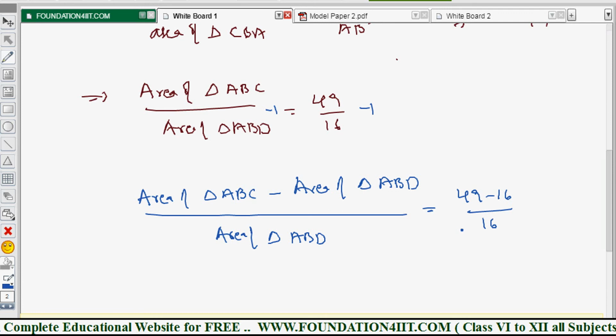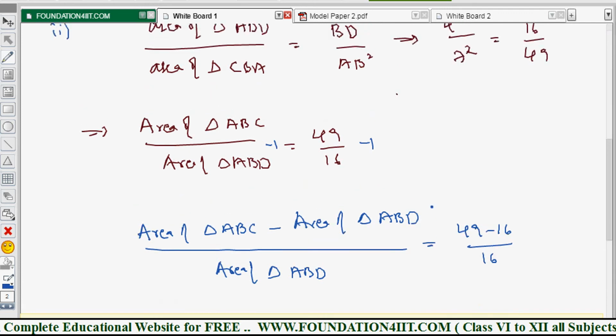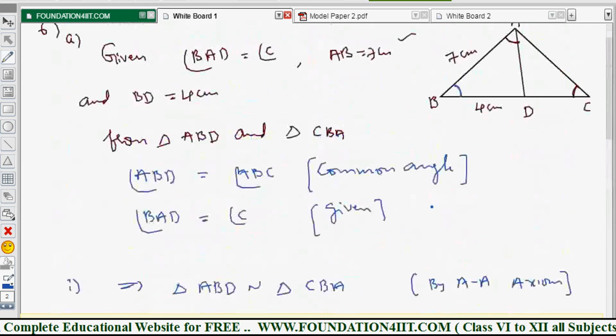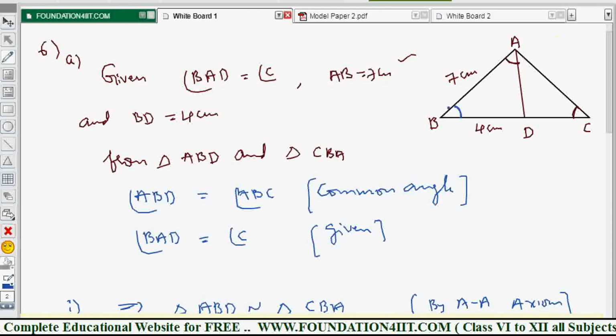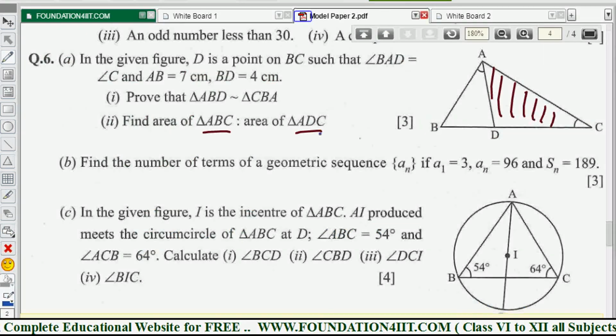If I subtract ABD from the total triangle ABC, the remaining part is the area of triangle ADC.